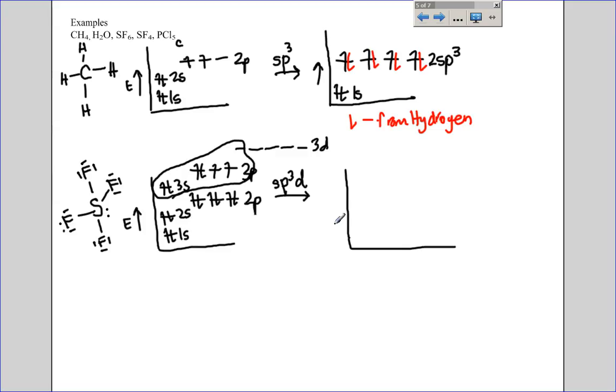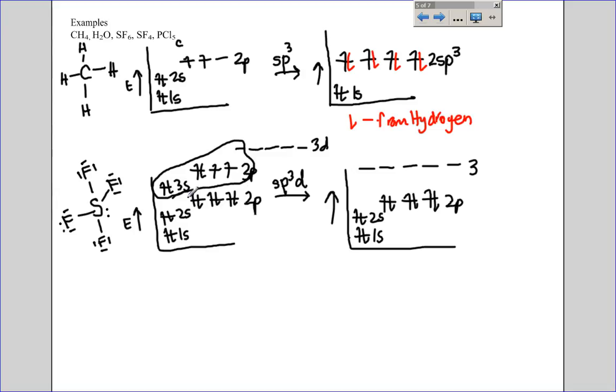As with our previous example, the inner electrons remain the same. So we've got the 1s, the 2s, and the 2p are all there. And then we've got 5 hybrid orbitals.